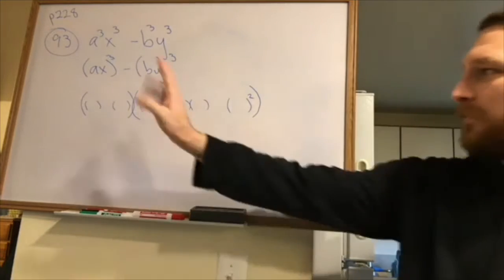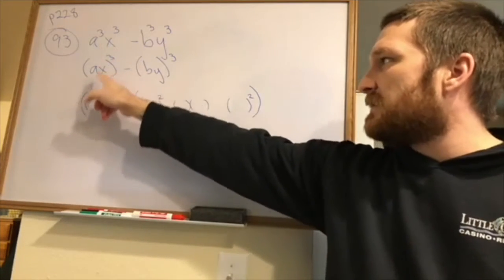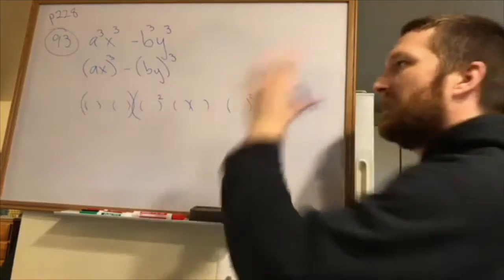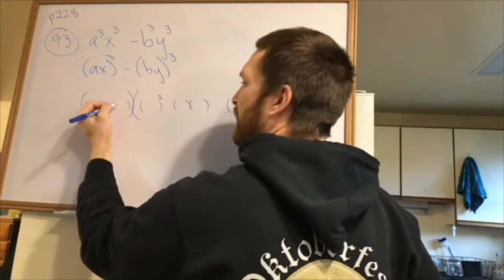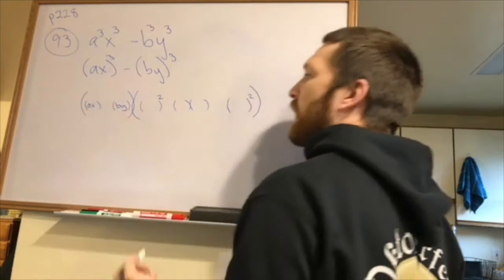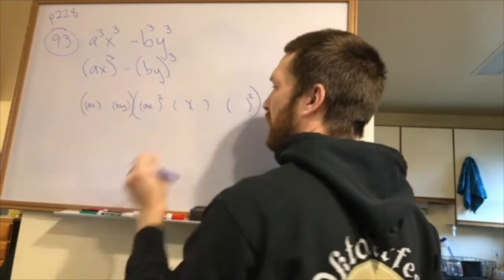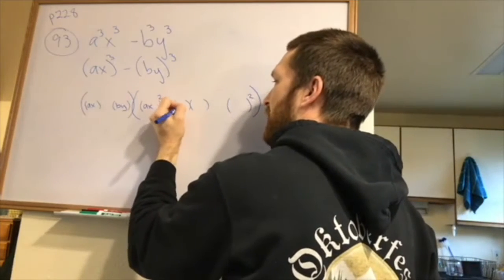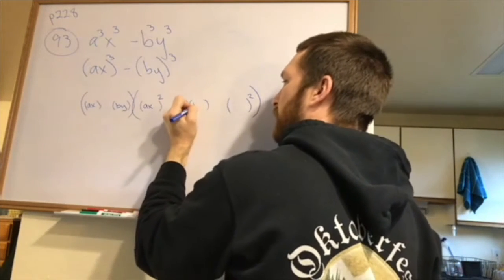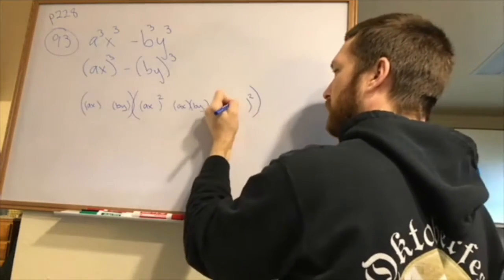I remember the shape of the thing. Then I'm going to fill in the blanks here and say, yeah, it's the first thing to the first power. So we have AX. Then the second thing to the first power is just BY. The first thing squared is AX, quantity squared. First thing, second thing, we have AX, BY. And then the last thing goes in here, squared. Okay.